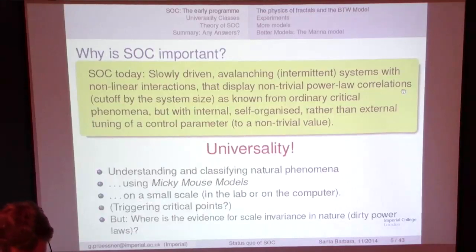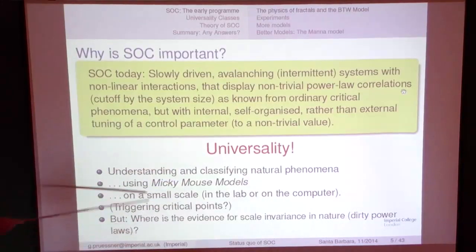And well, once you've got the link to critical phenomena, classical critical phenomena, then there's also the belief that there's universality, and universality offers some form of justification as to why we are studying Mickey Mouse models.